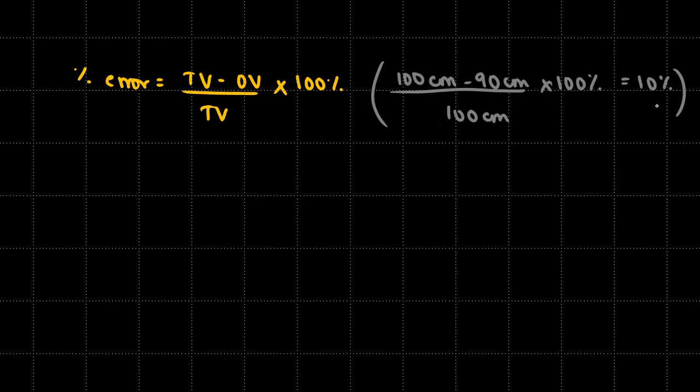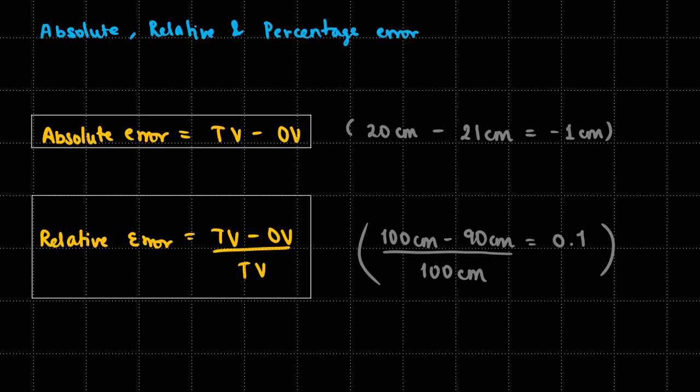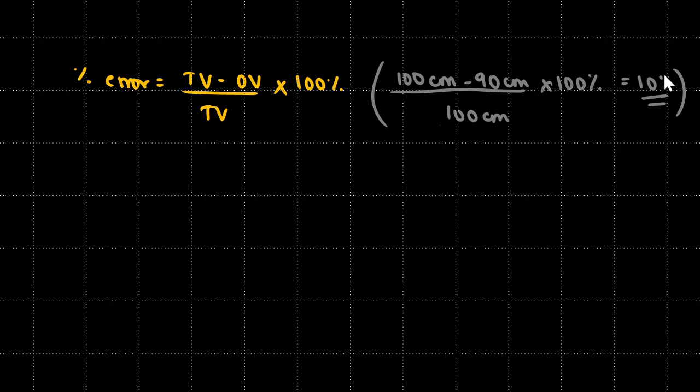So let's go back. Here is 0.1. Here you know that if you multiply the relative error times the actual true value, you get the absolute error. But here you have it in terms of percentage. So if you multiply this with this, you still get the relative error in percentage.